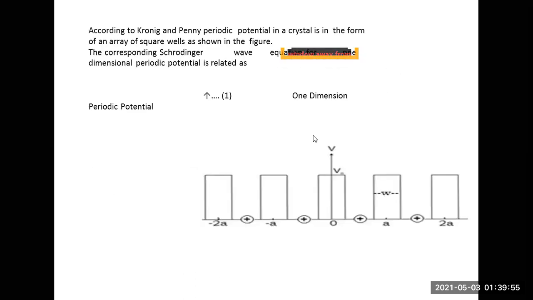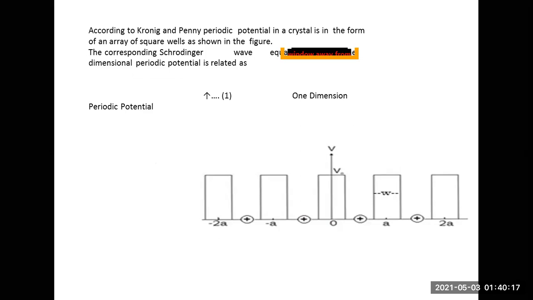In the next one, we discuss the assumptions made by the Kronig and Penney scientists. These are the two scientists who have given their own assumption regarding the movement of the electron inside the metallic crystal. We are dealing with metals, right? Why? Because of their engineering importance.